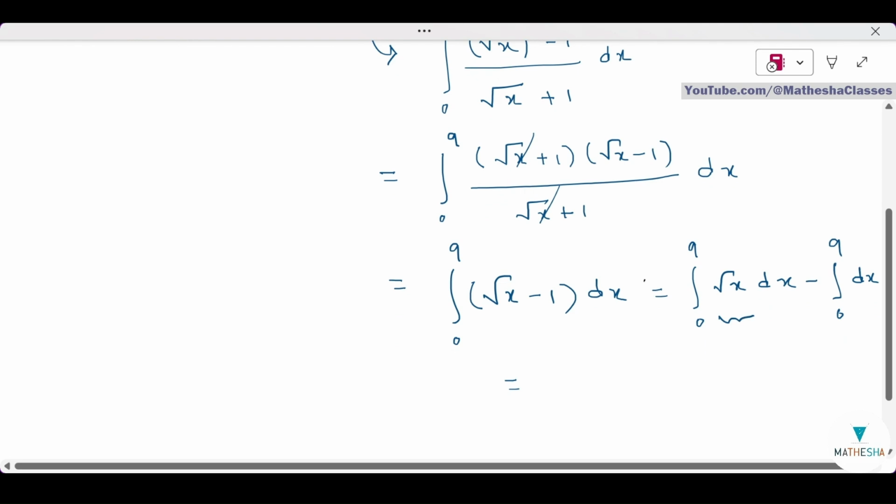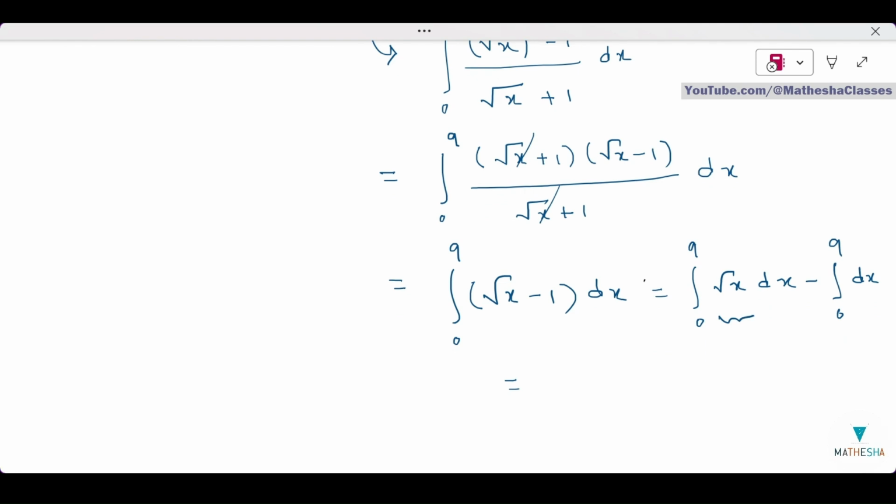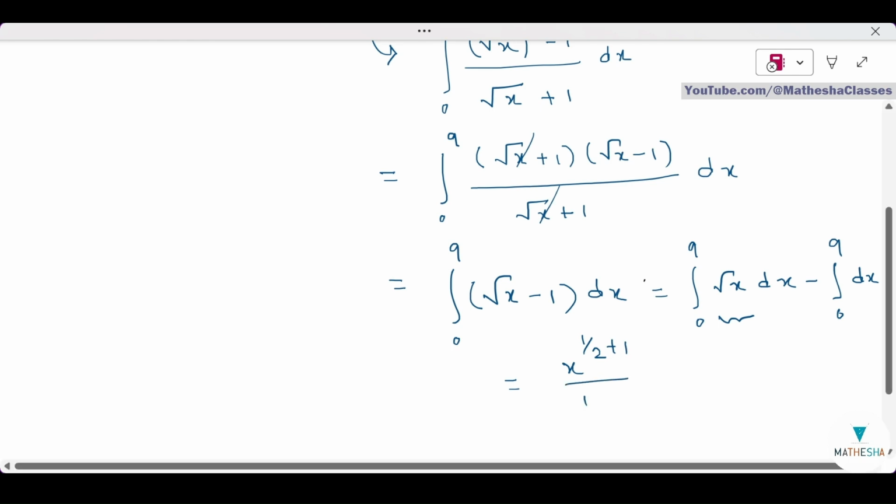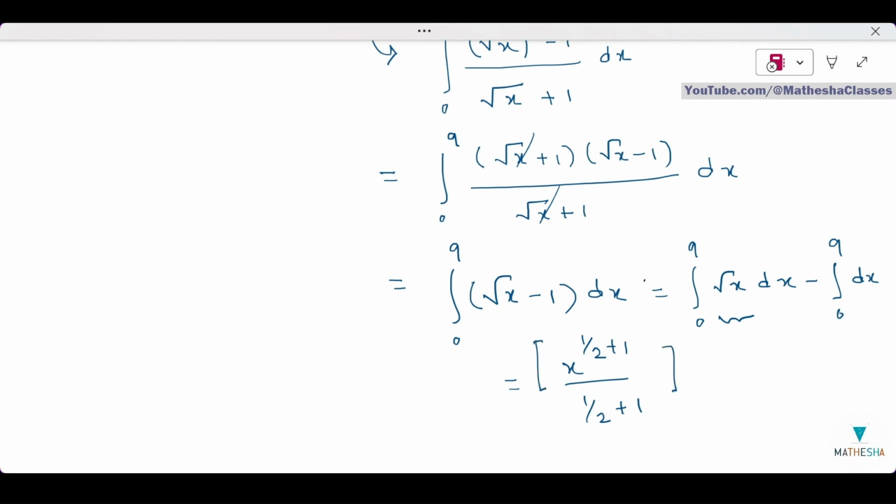So integration of the first term will be x to the half plus 1 upon half plus 1, limit from 0 to 9, minus x, limit from 0 to 9.